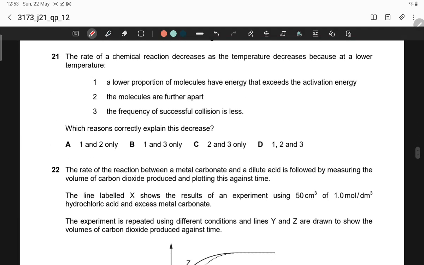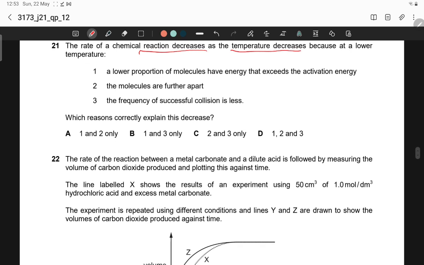The rate of chemical reaction decreases as the temperature decreases, because at a lower temperature a lower proportion of molecules have energy that exceeds the activation energy. Yes, this is correct. The molecules are further apart.